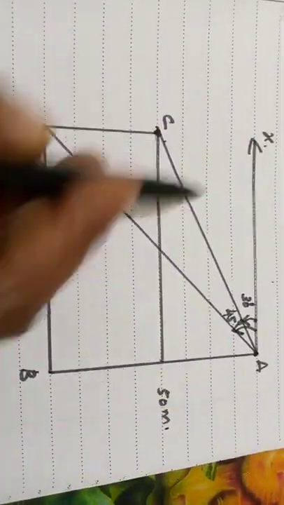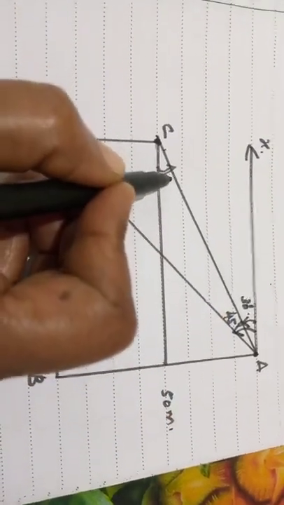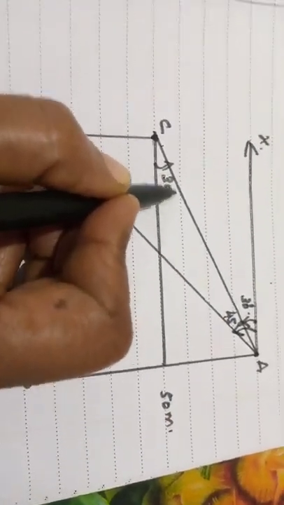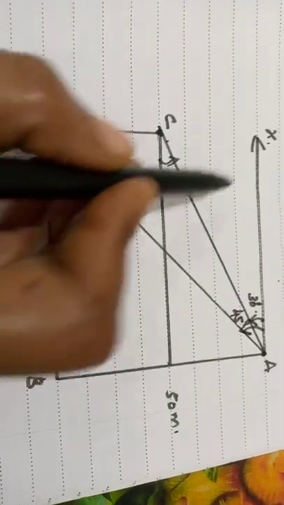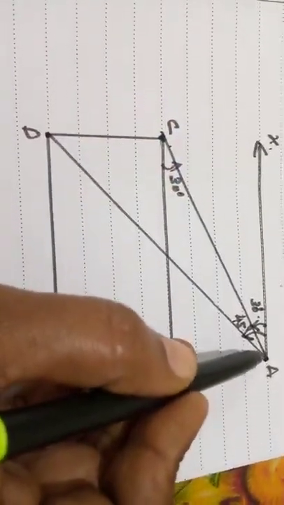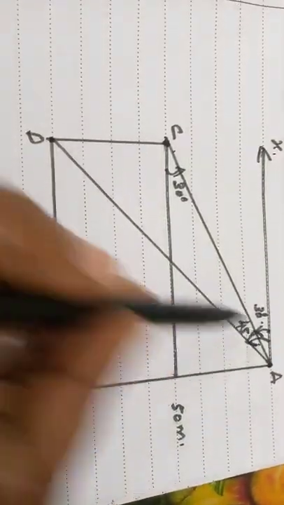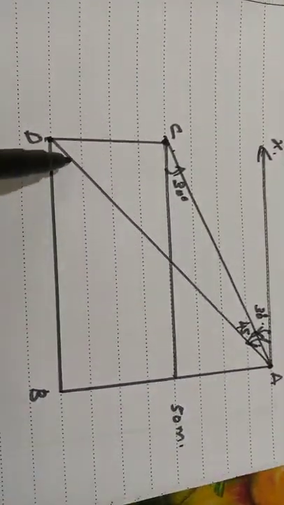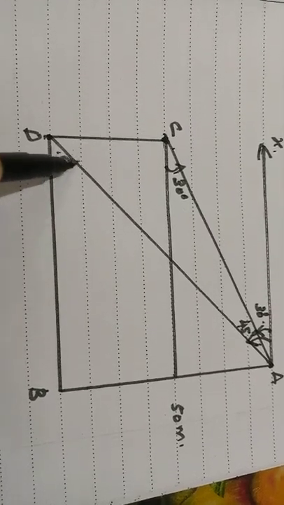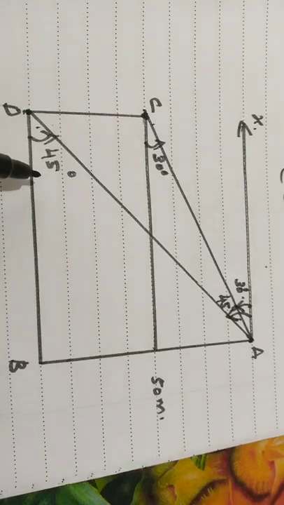So this angle is 30 degree, so this is also 30 degree. As well as one more alternate angle we have. This Z shape we have to consider, this XA, this D. So this angle and this angle will be equal. These both are alternate angles. Alternate angles are always equal.